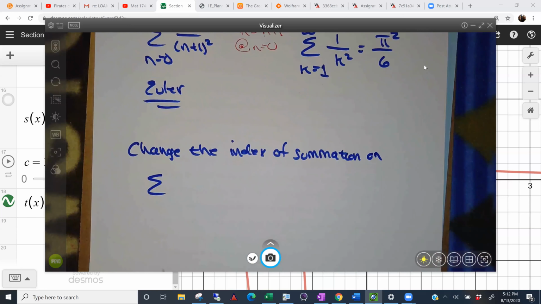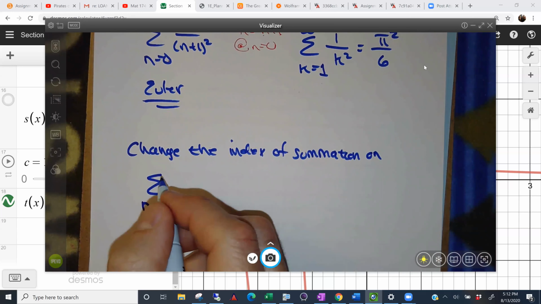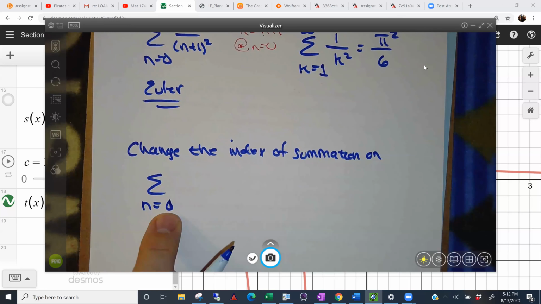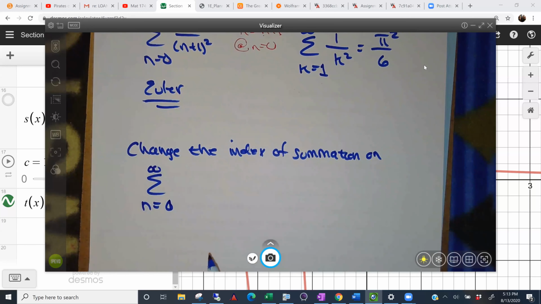The sum from n equals 1 to, actually, you know what? Hang on here. 1 or 0. We'll start out with a 0. You don't have to copy it down. If you already got a 1 there, just leave it. And I'll tell you when to pick up your writing again.